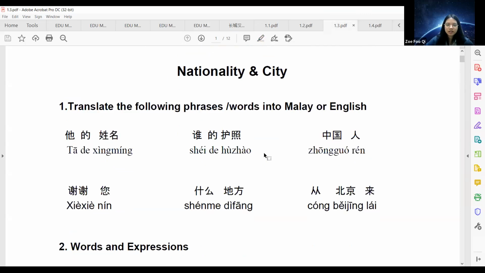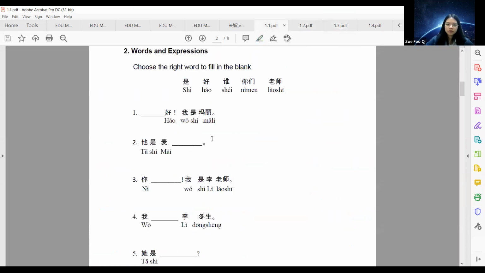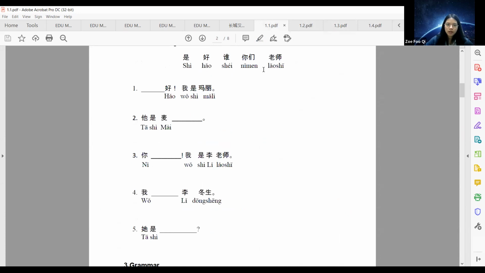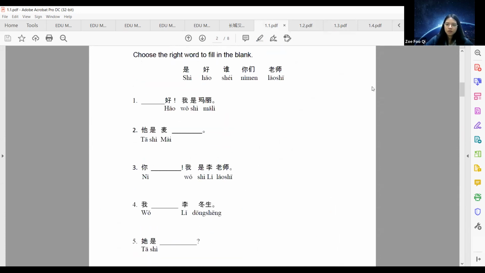This one is actually the extra exercise from the book. So this one is the pronoun you need to know. We did it together, and then for this one, let us just try the translation part.